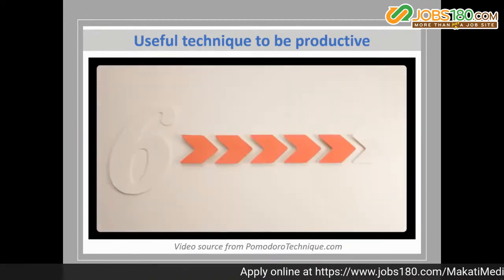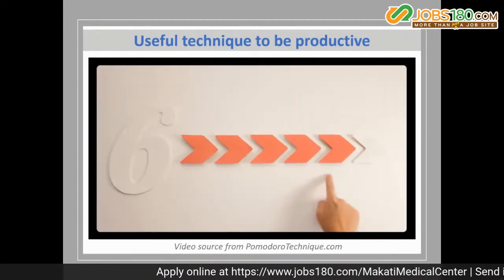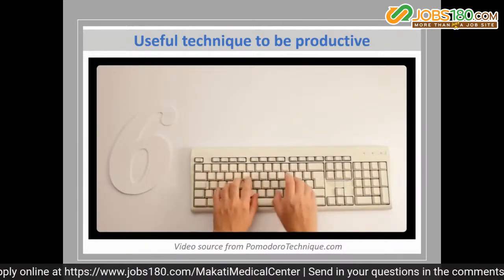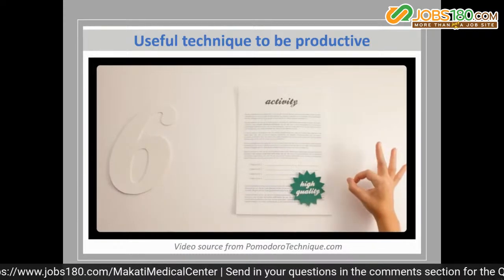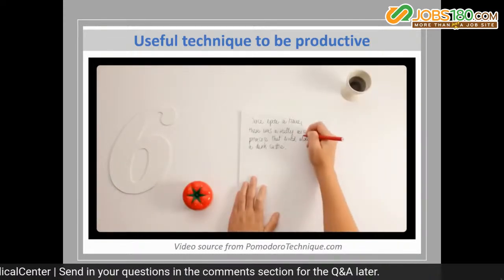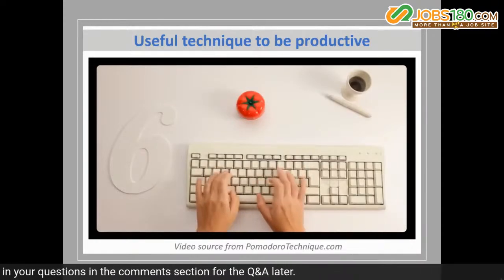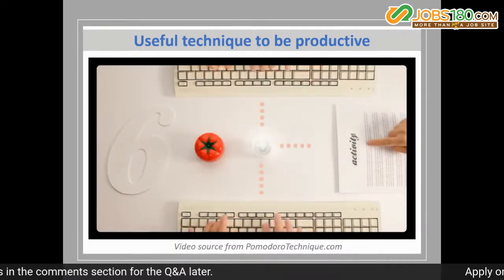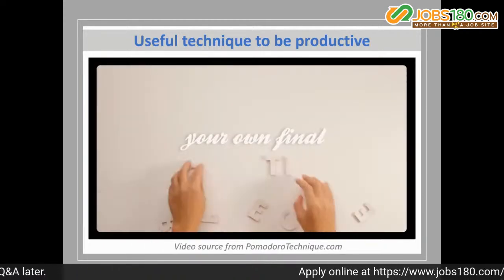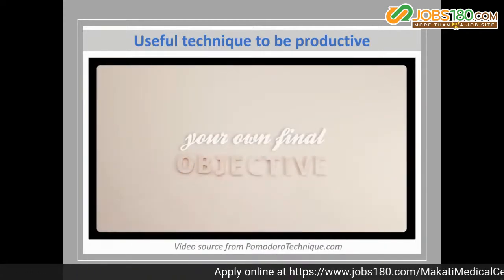Sixth, once you have completed these objectives, find your own personal objective, such as being more efficient or improving the quality of your work. For example, a writer could track more accurately what he's doing during the Pomodoro, or a team may want to find out how good its cooperation is. But remember, you have to choose your own final objective.